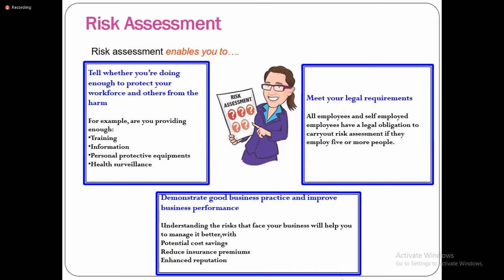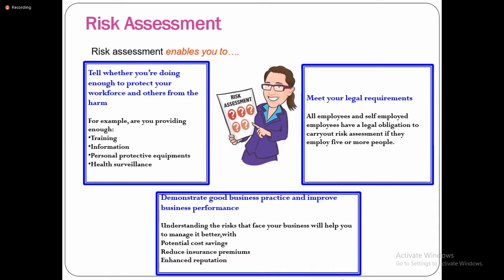As per that, it highlights the requirement of risk assessment. If you employ 5 or more people, there is a legal obligation to carry out the risk assessment. If you go for a multinational, and you have the mother company in the UK or something, then under the UK legislation, you do have that sort of requirement.